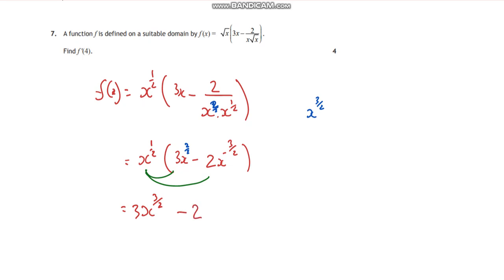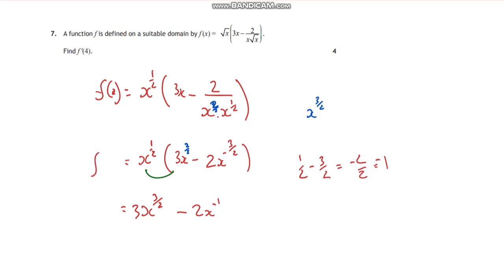And then I'm going to end up with a half take away 3 halves, so that's take away 2 halves, which is negative 2 over 2, which is just negative 1. So that's my first bit of working.